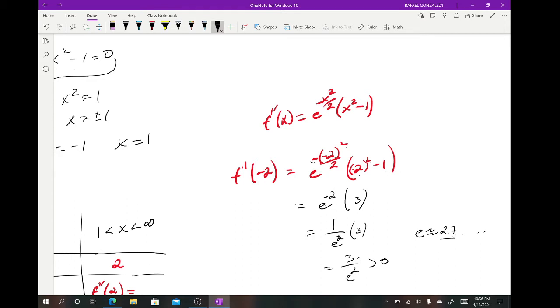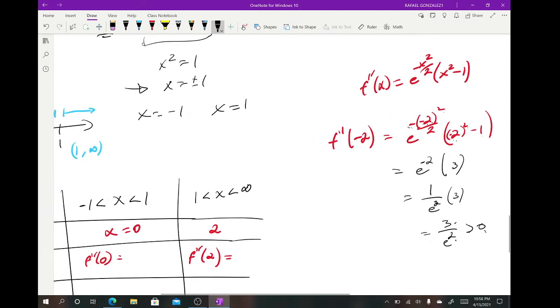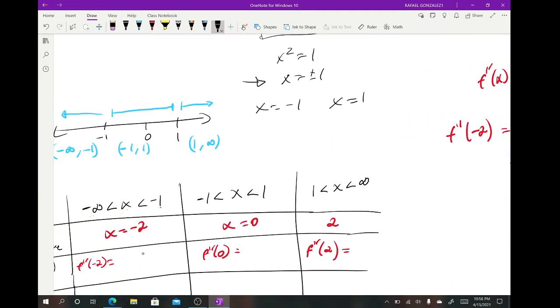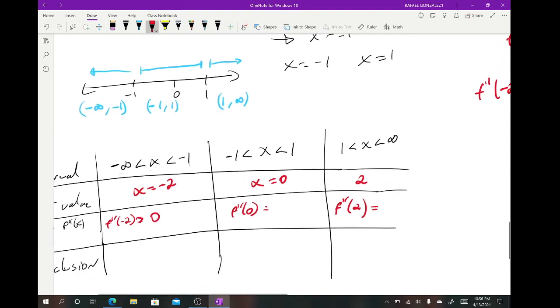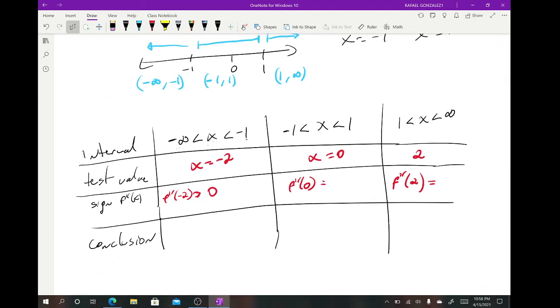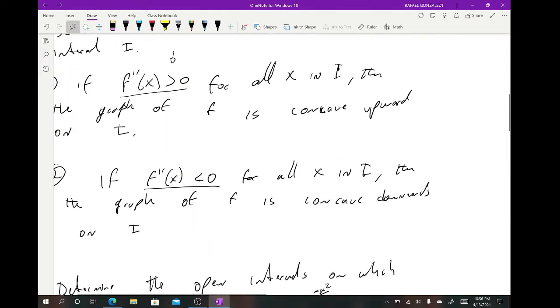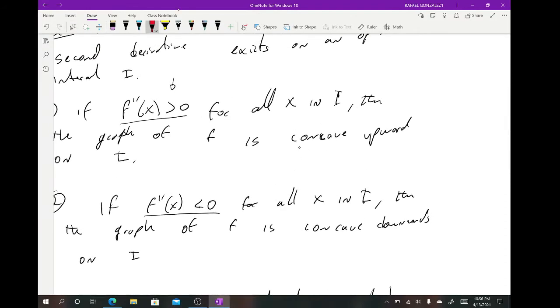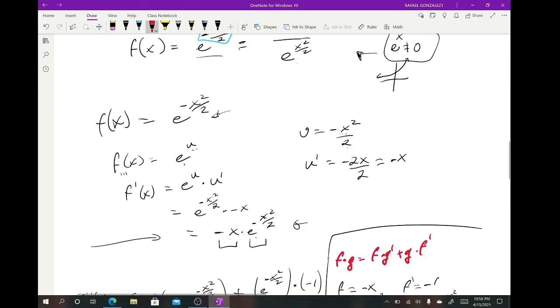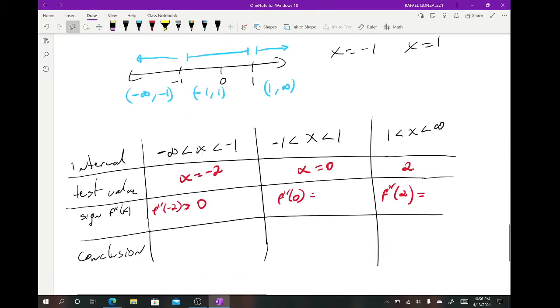A positive number divided by a positive number gives a positive number, so this is going to be bigger than 0. Now, by the test that we had, when the second derivative is bigger than 0, then we say that we're concave upwards. So this is concave up.